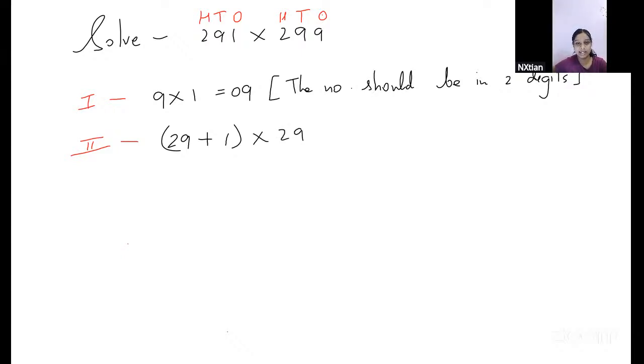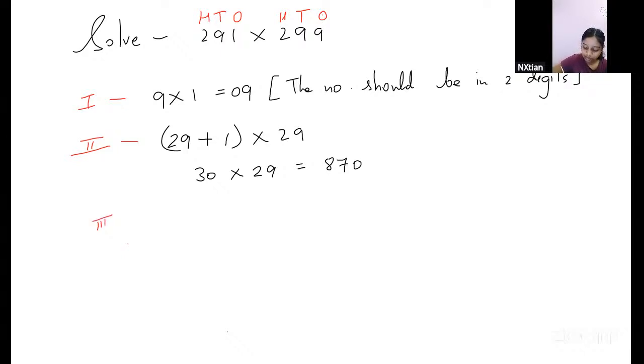Ma'am, is it 87009? 30 multiplied by 29. We have 870. Yes, 87009 is the correct answer. Good.